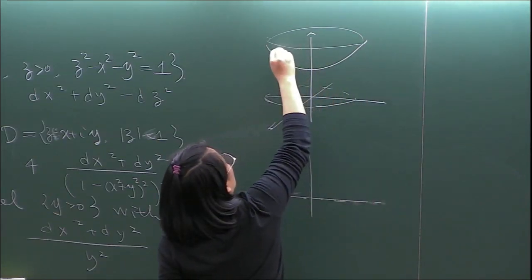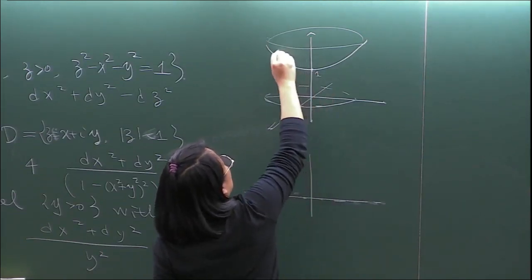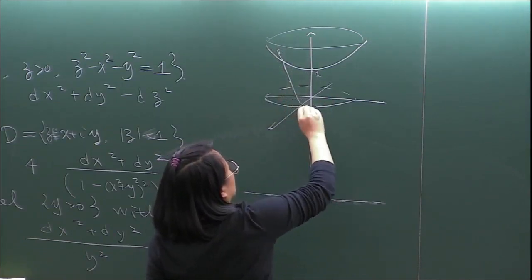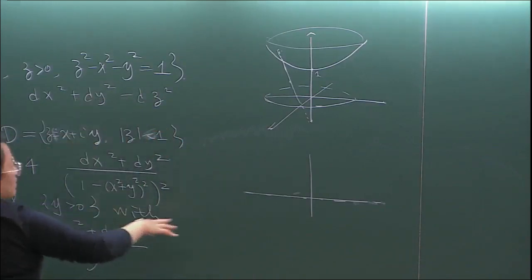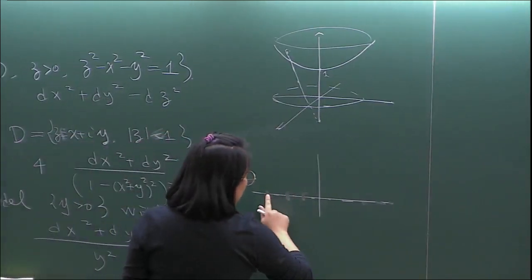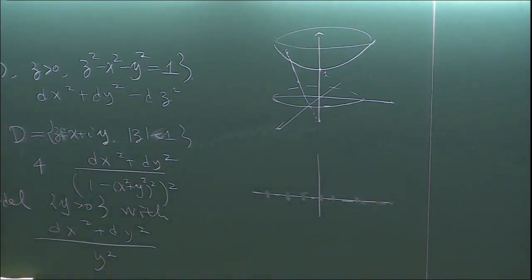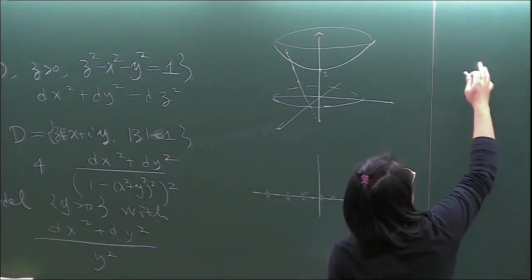And here you have the map from here. Here is +1 and here is -1. Then this map is an isometry. Okay, so this is the basic example we have. It has constant curvature -1. Okay, so no problem.